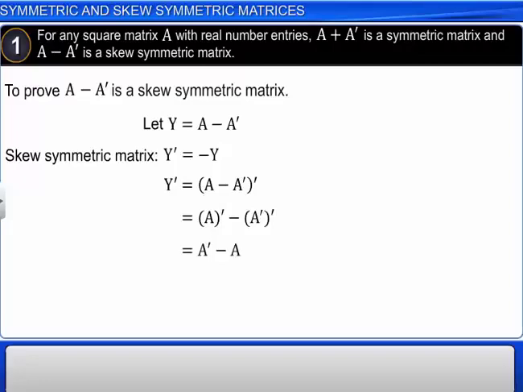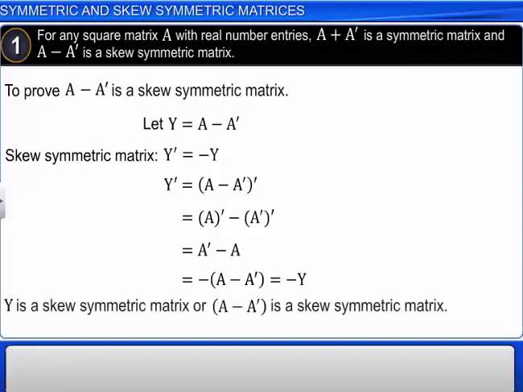Using the properties we have seen earlier for the transpose of a matrix, we get A transpose minus A. Upon rearrangement, we find that this is equal to the negative of matrix Y. Therefore, Y or A minus A transpose is a skew symmetric matrix.